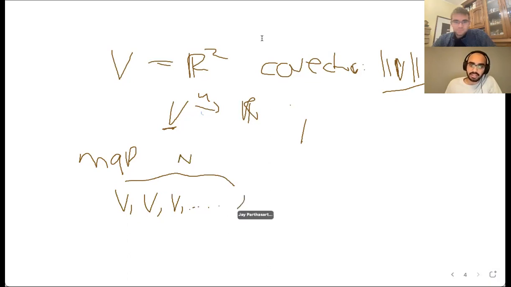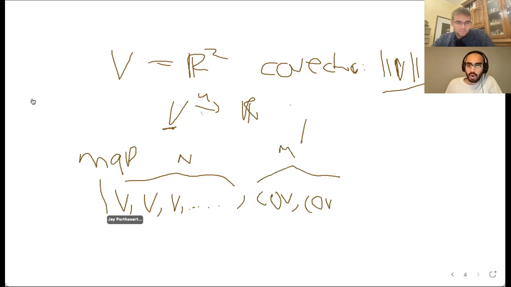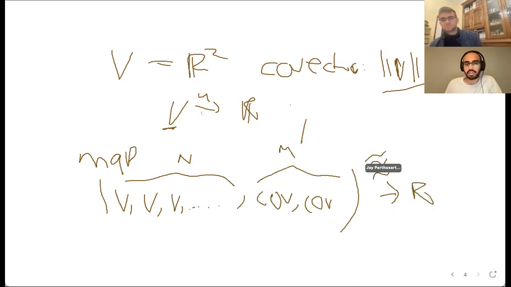And then it eats a bunch of covectors too, and maps all of these things to R, linear with respect to each of them. All of these things are linear with respect to each other, and I think I intuitively understand how that works.